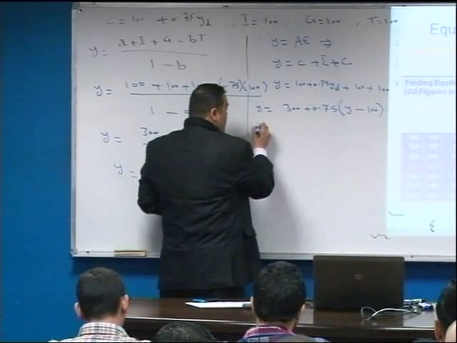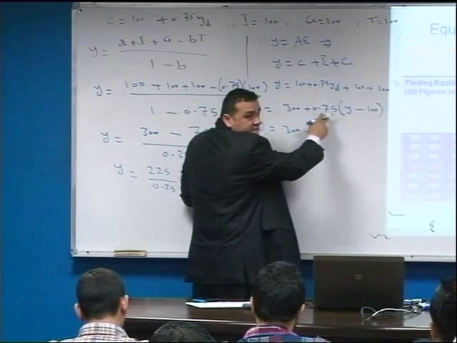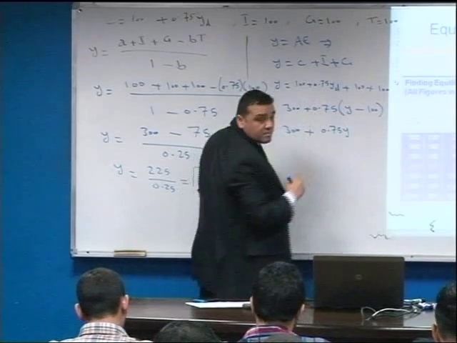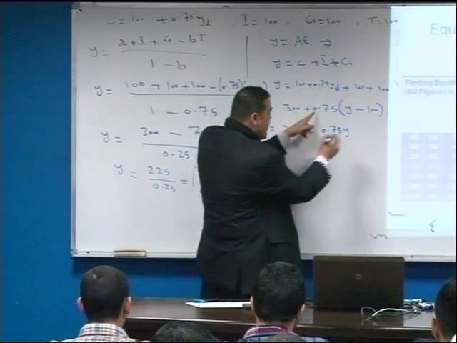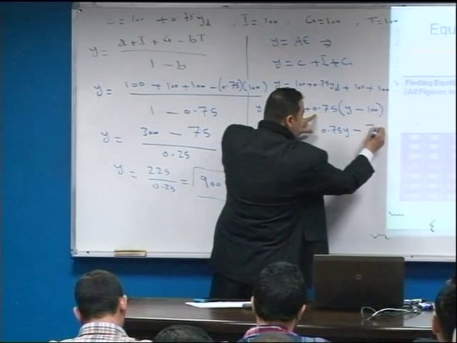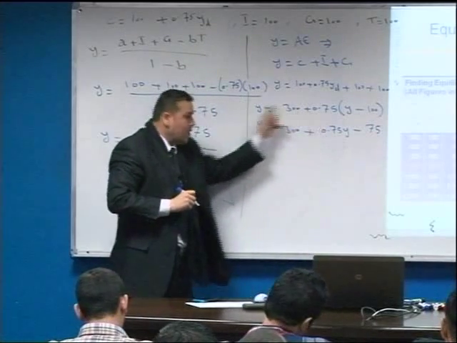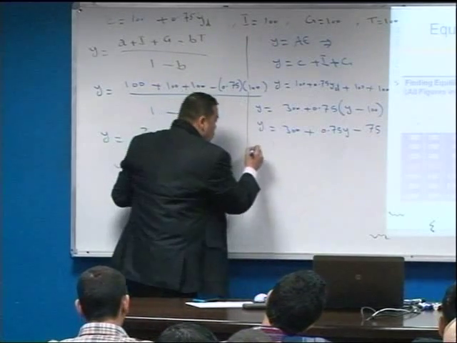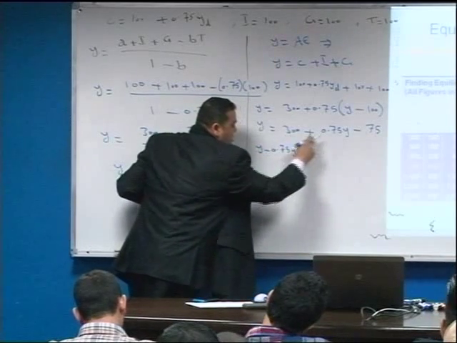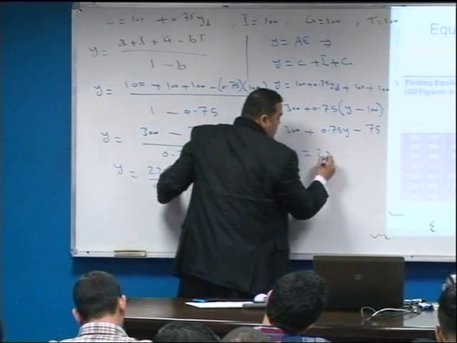So Y equals 300 plus 0.75 Y minus 0.75 times 100, which is 75. Move Y to one side: Y minus 0.75 Y equals 300 minus 75, which is 225.